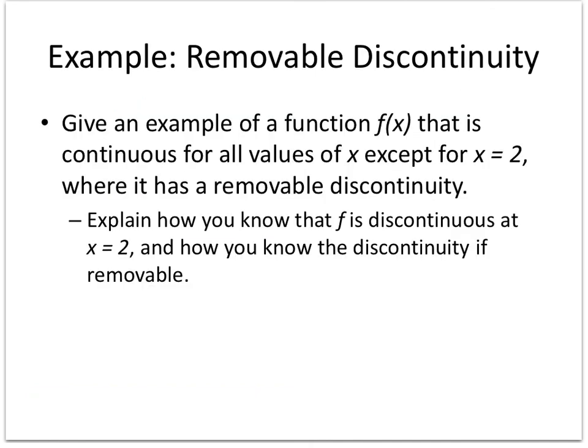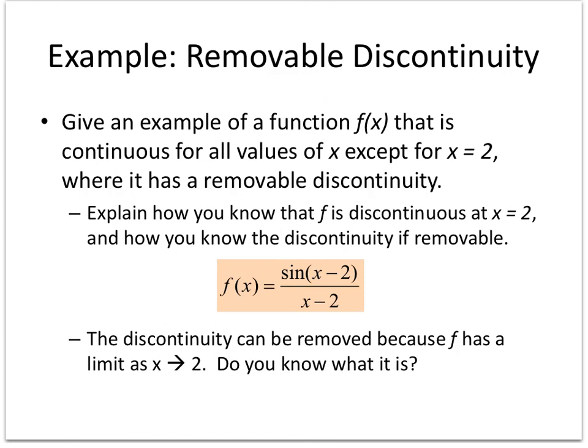All right, give an example of a function f of x that is continuous for all values of x except for x equals 2. Right now your brain should go to anything with x minus 2 in the denominator. And where it has a removable discontinuity, explain how you know that it is discontinuous at this point and what you do to make it continuous. I could have made up any function here. I just picked a function where I know the denominator is 0 if I plug in 2, so it's discontinuous at x equals 2.